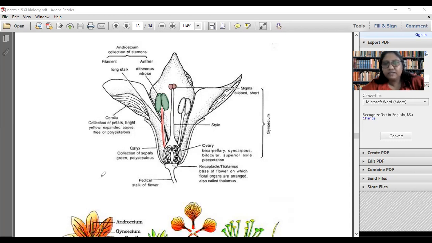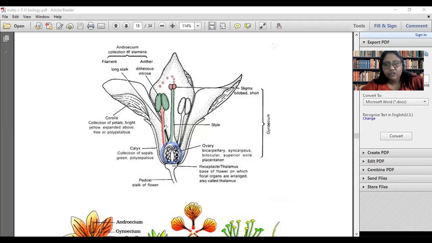Why it is known as stigma and what is the significance of stigma? The pollen grains released by the anther first get deposited on the part of female reproductive system which is known as stigma. Below stigma, there is a slender stalk which is known as style, and this part is known as ovary.